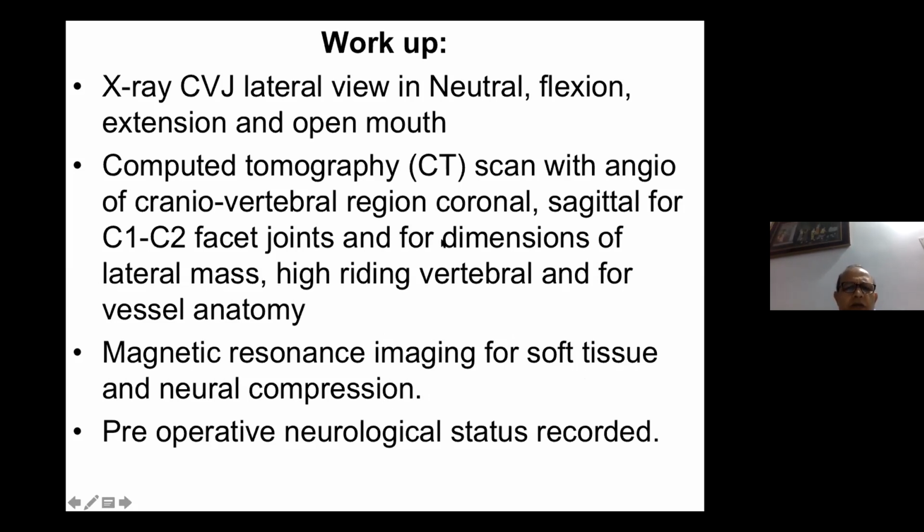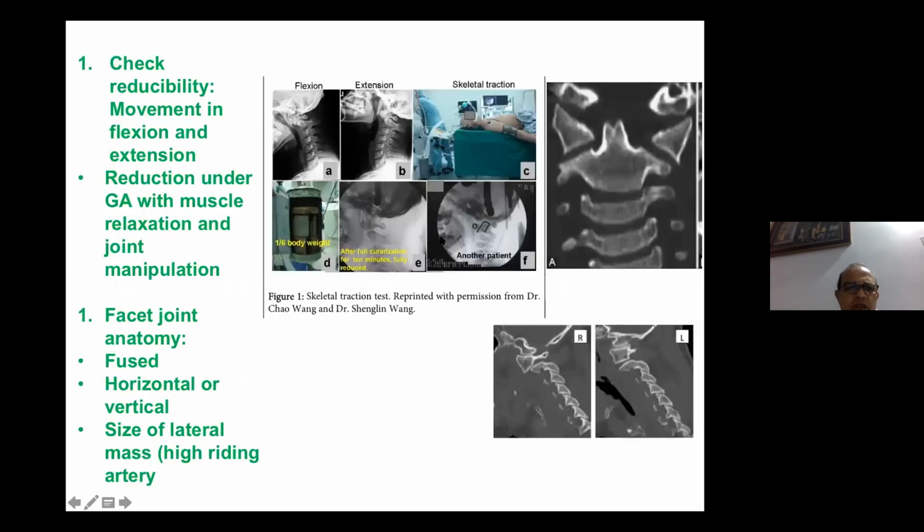So we get an MRI and CT angio to find out every detail, and also to check the mobility. Only in irreducible atlantoaxial dislocation where the angle of the mandible is below, in those cases, you can go for the transoral approach.